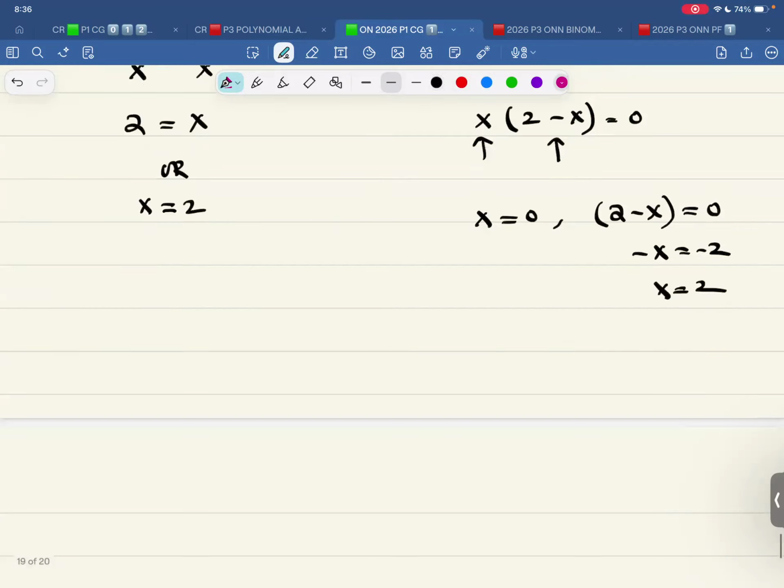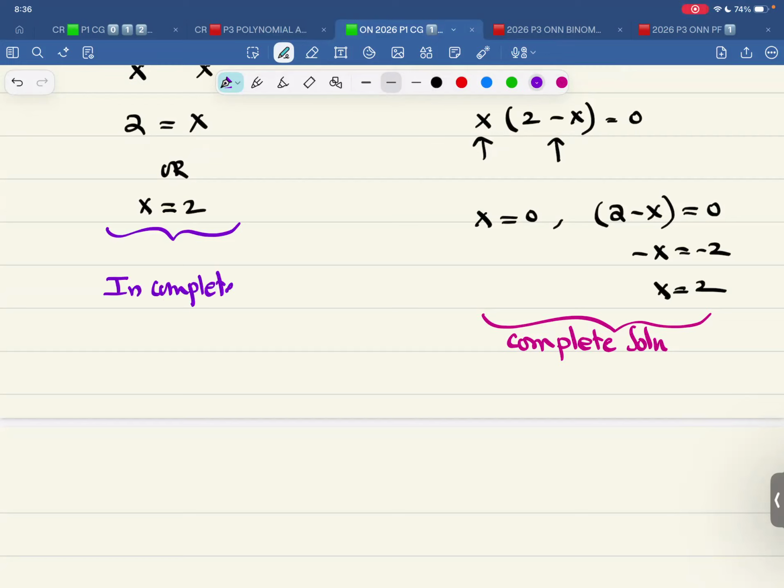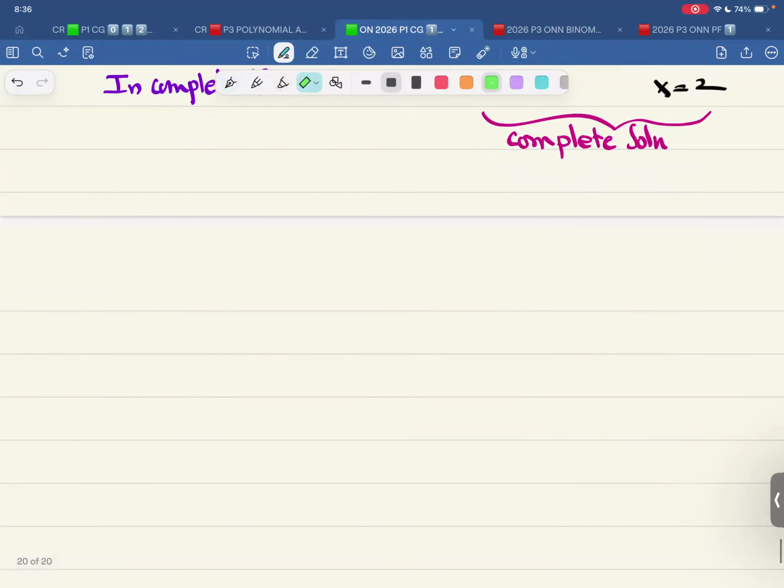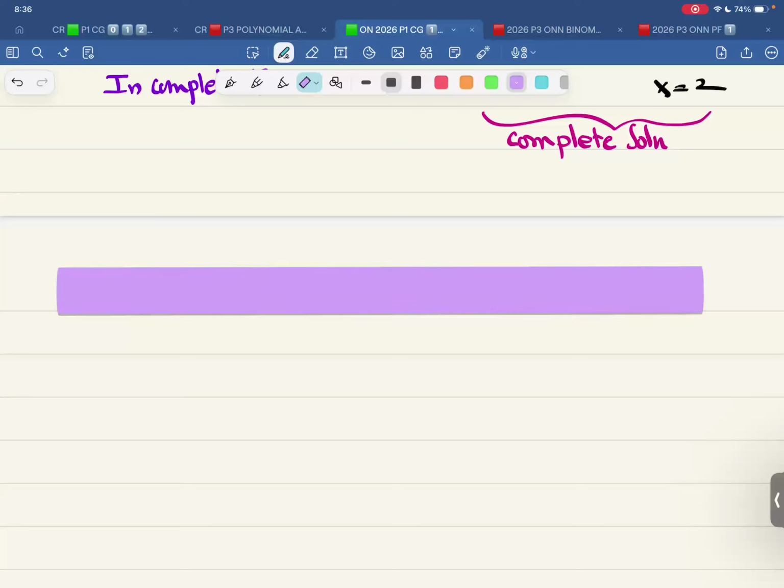Now this one right over here is the complete solution. The division one is not wrong, but it is an incomplete solution. So therefore, bottom line of the story is, whenever we are solving an equation, the rule should be always take common.